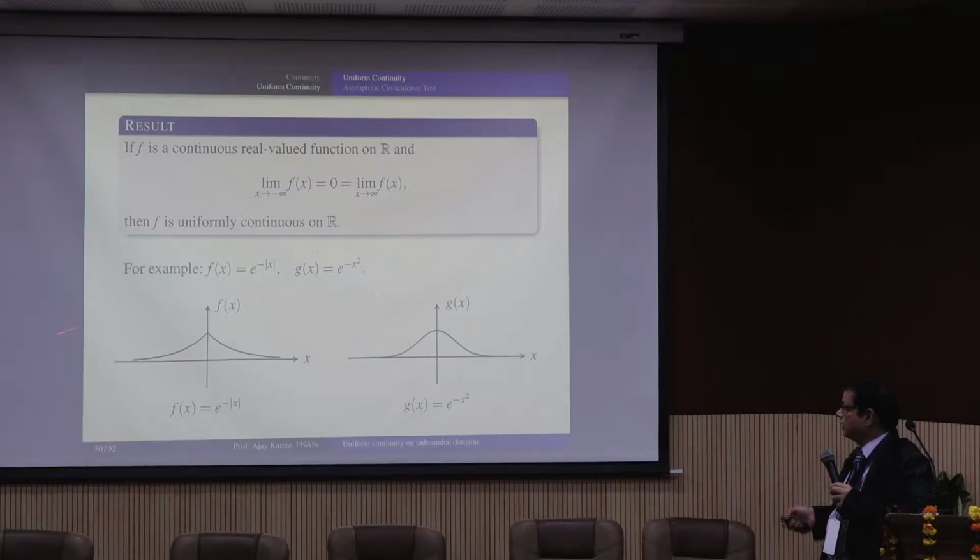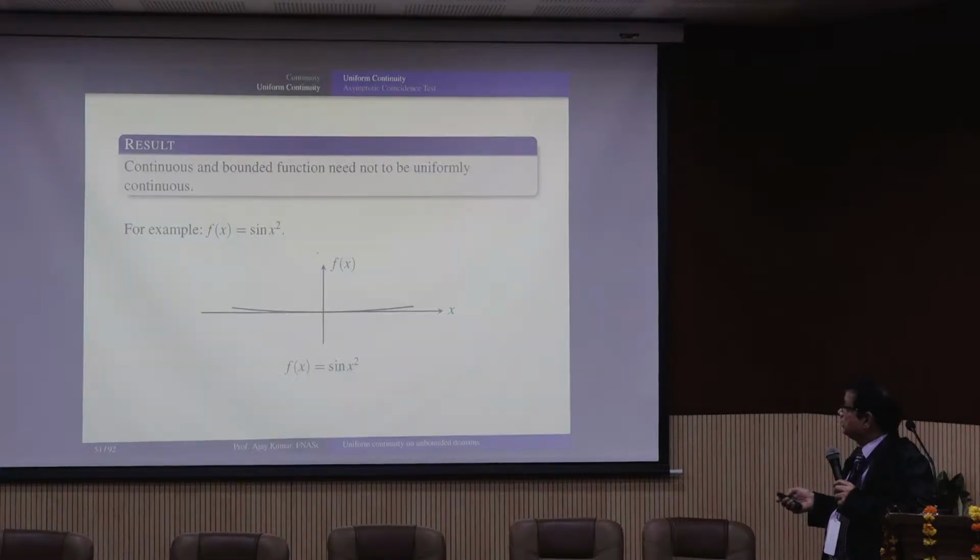Both of them vanish at infinity. If a function is continuous on R and vanishes at infinity and minus infinity, then the function is going to be uniformly continuous. Similarly, a continuous bounded function need not be uniformly continuous.